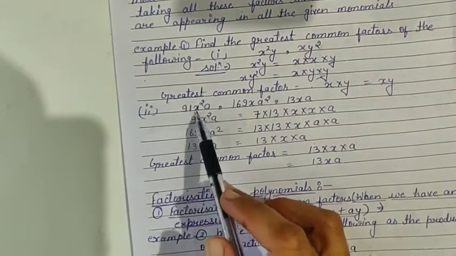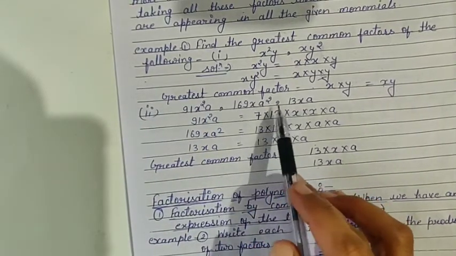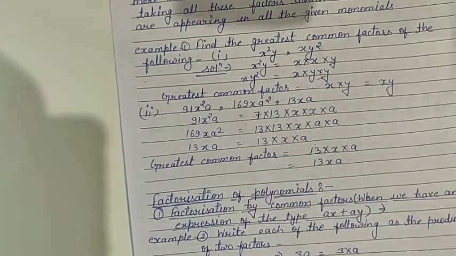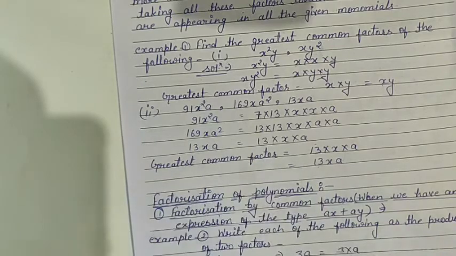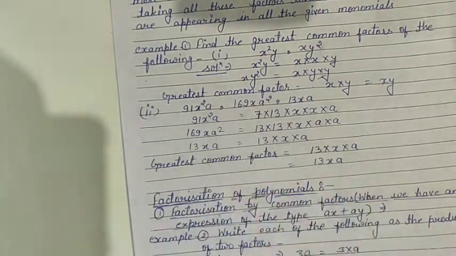Now 91x square a, 169x a square and last is 13xa. We have to find the greatest common factor or HCF of these three monomials. So firstly we will find factors of these three monomials.